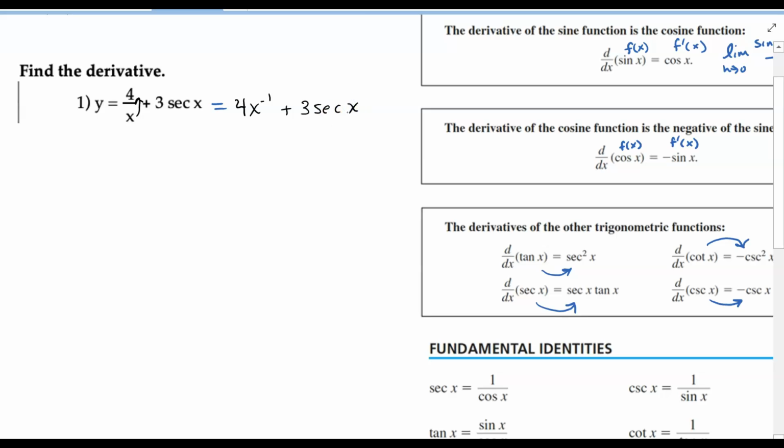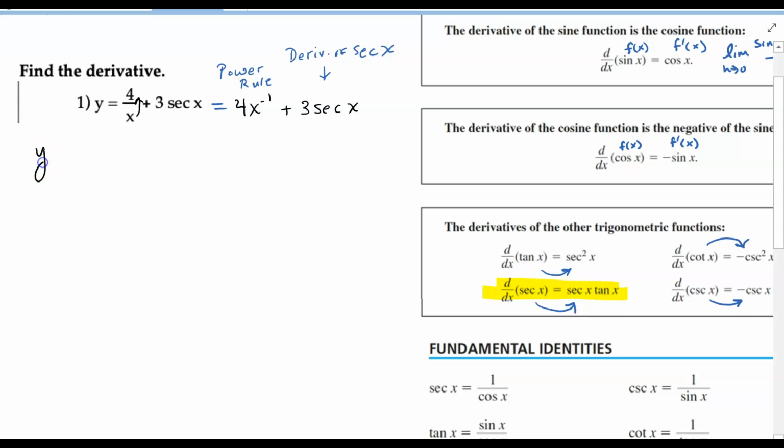I already know that I'm going to apply the power rule for the first part, and then for this one I'm just going to use the derivative of the secant. I've already got that on my chart at the bottom. Derivative of secant, just recall, is secant tangent. So we're going to use that.